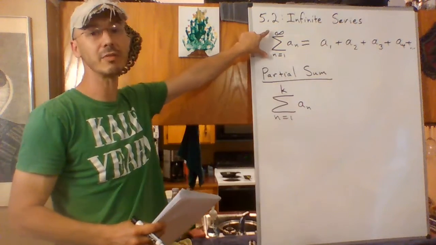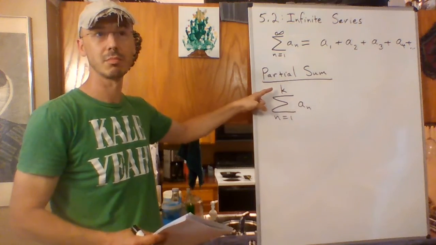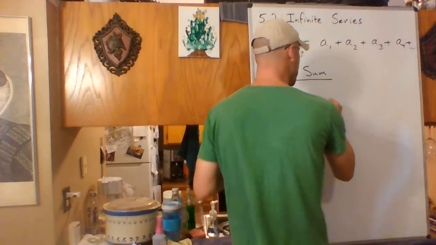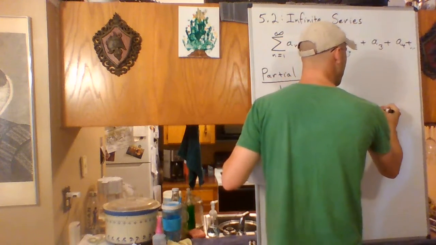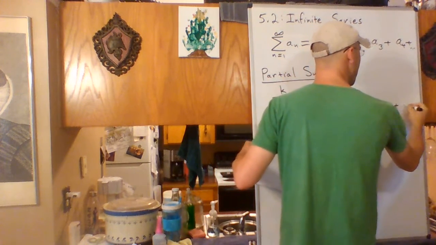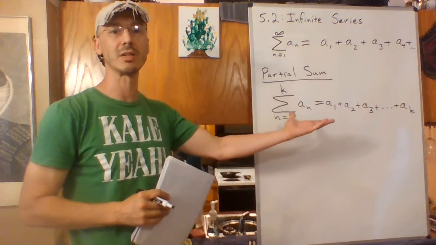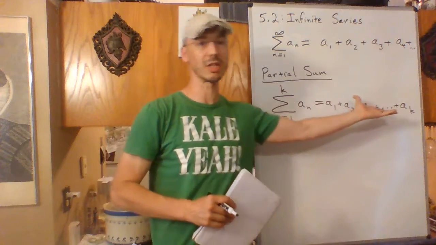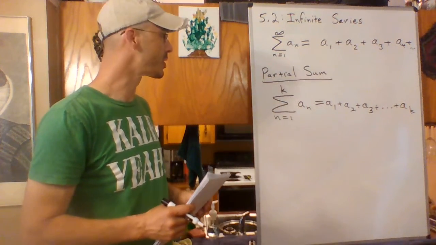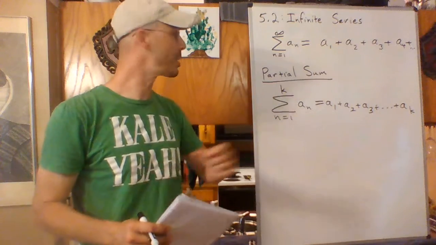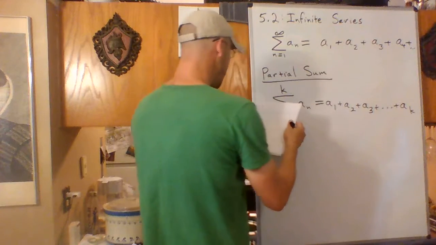So instead of adding up all infinitely many terms, we're just going to add the first k, in other words, a1 plus a2 plus a3 plus up to ak, and then stop. That's just a finite sum that obeys the ordinary properties of addition and rearranging terms that you're familiar with. It's a finite number of numbers. It might be a large number, but in any case, it's finite.